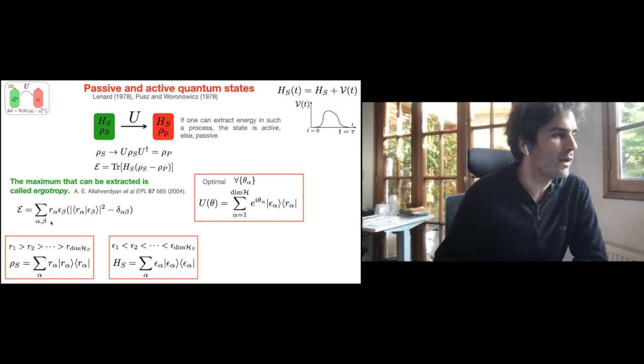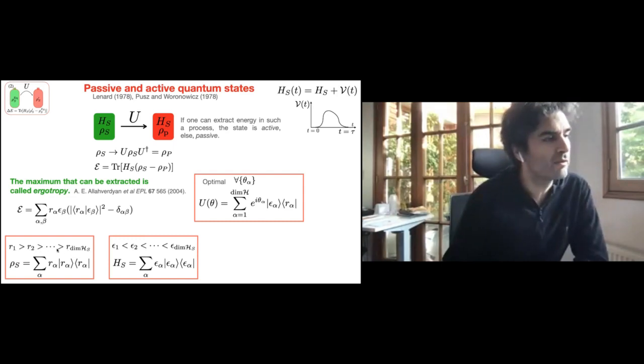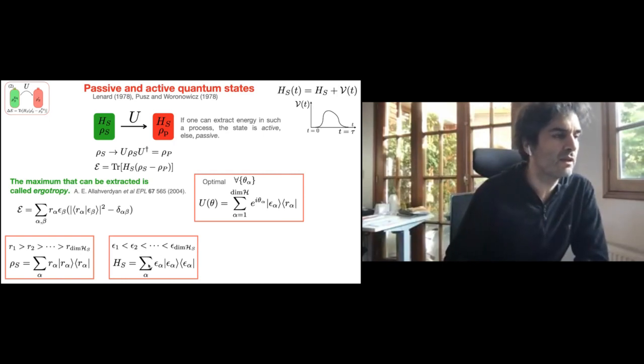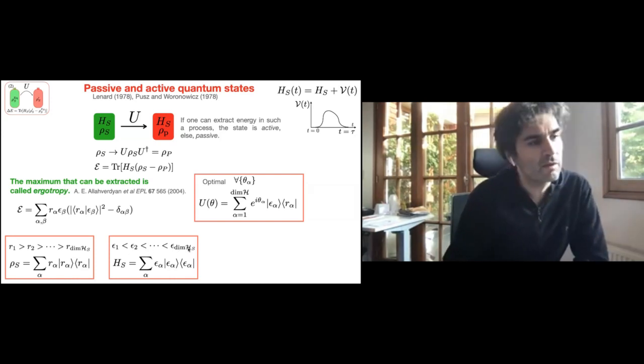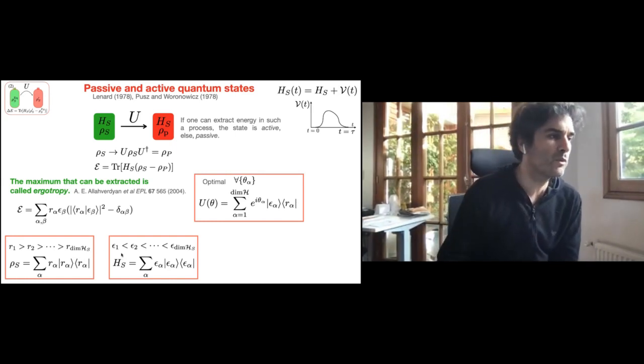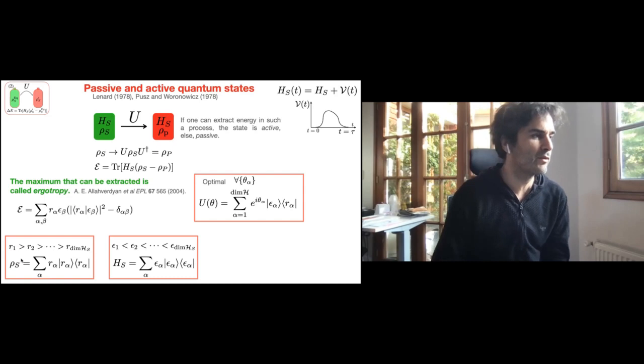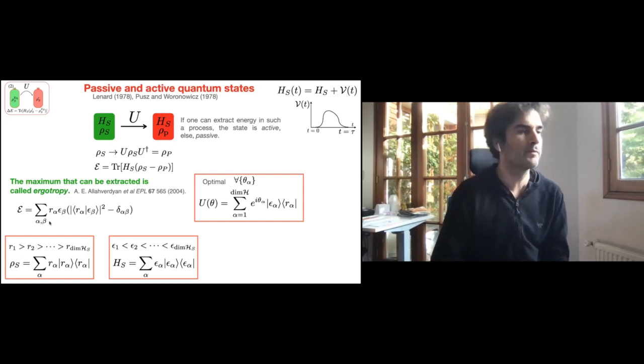And for this formula to be valid, the eigenvalues of the state have to be written in decreasing order, while the eigenvalues of the Hamiltonian of the system have to be written in increasing order. With these two ways of writing the state and the Hamiltonian, you can show that this is the ergotropy, the maximum energy you can extract from the system in this state.